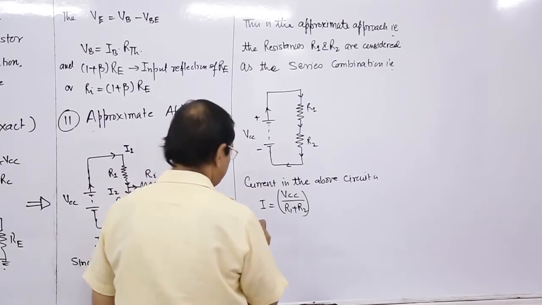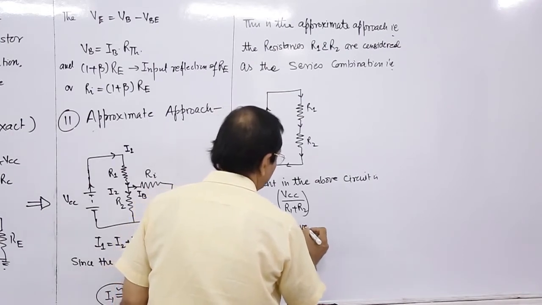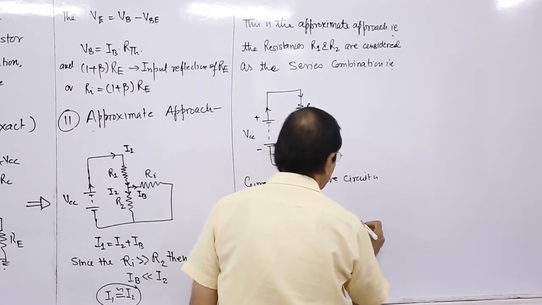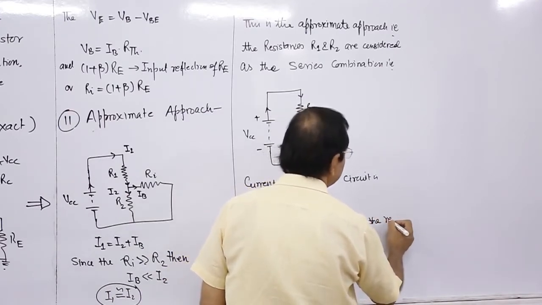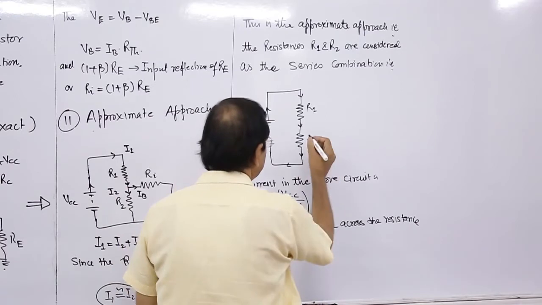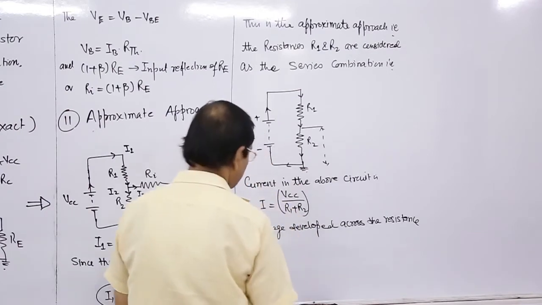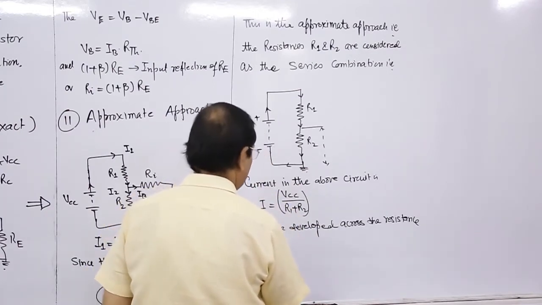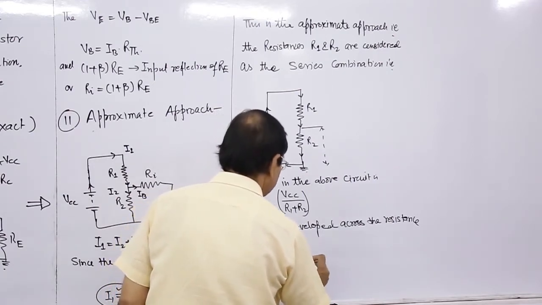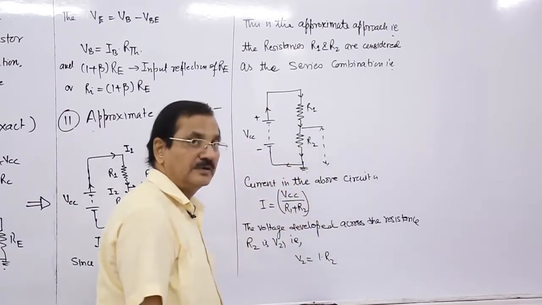Now the base voltage, the voltage developed across the resistance R2. This is grounded, and this voltage across R2 is V2, that is V2 is equal to I into R2.